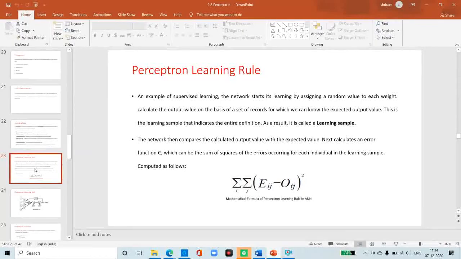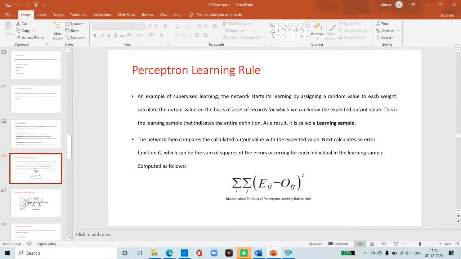Then it calculates the output value on the basis of a set of records for which we know the expected output value. This is the learning sample that indicates the entire definitions, so it is called a learning sample. The network then compares the calculated output value with the expected value.